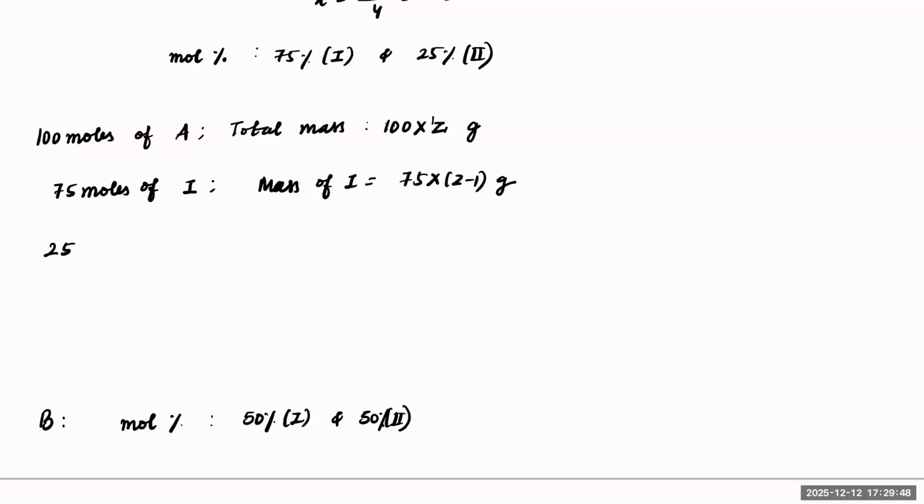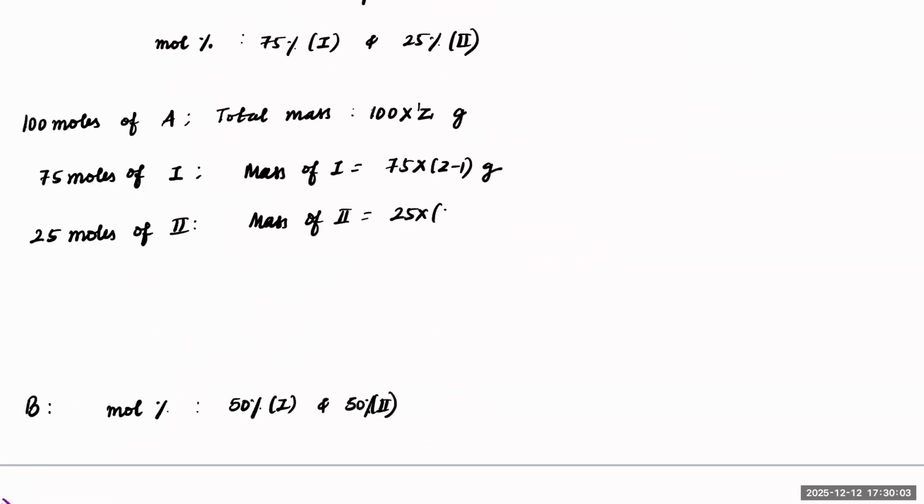And 25 moles of 2, so the mass of 2 is equal to 25 into Z plus 3 grams, right? Now we got the individual masses and total masses.